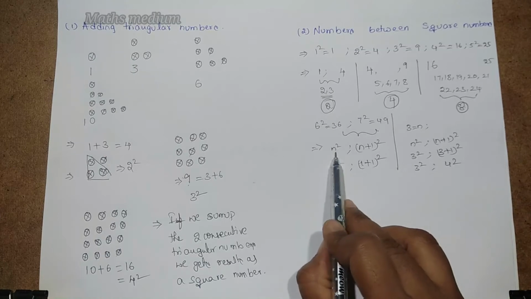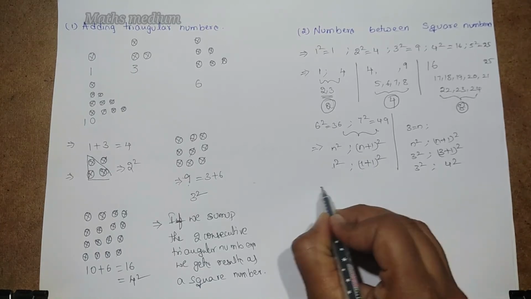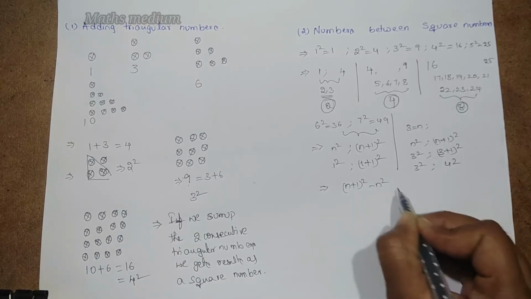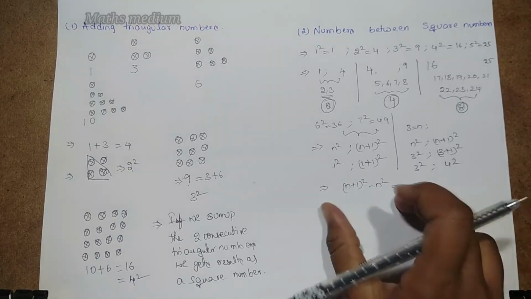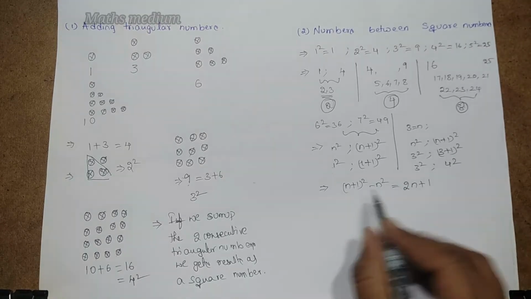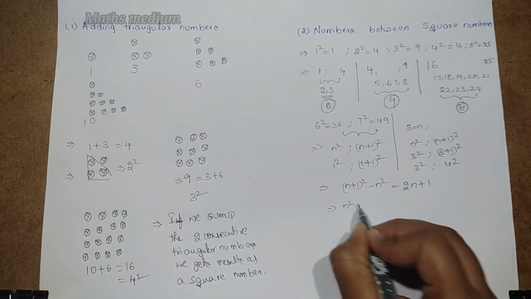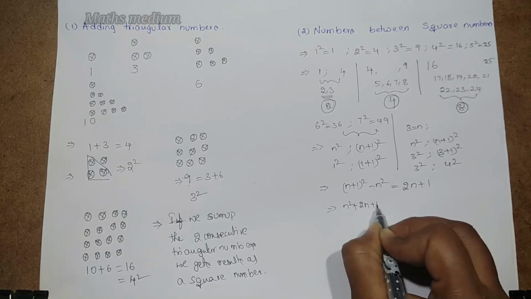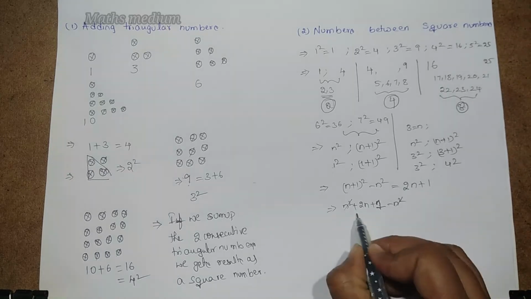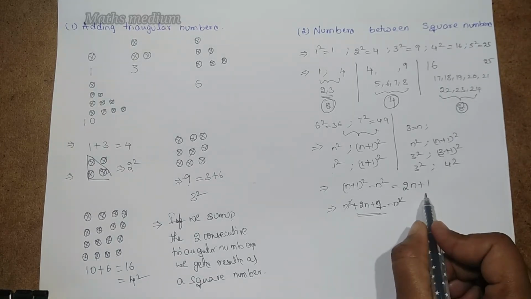If the numbers are n square and n plus 1 square, the result is n plus 1 whole square minus n square. If you solve this, we get n square plus 2n plus 1 minus n square, the n squares cancel, and here 2n plus 1 is the answer.